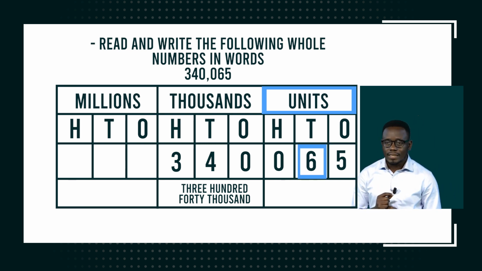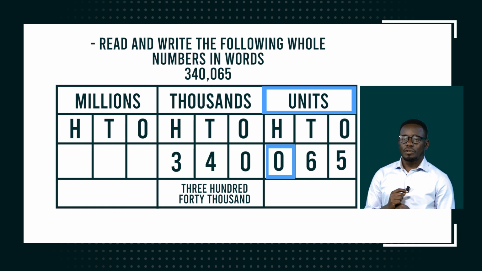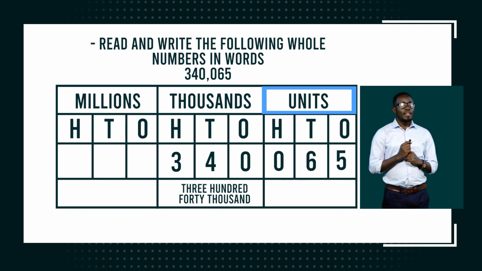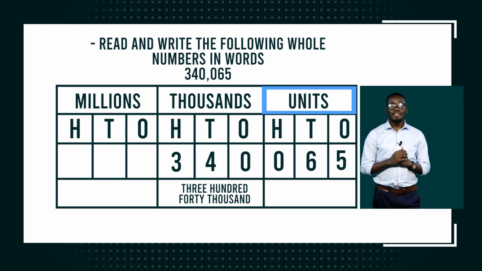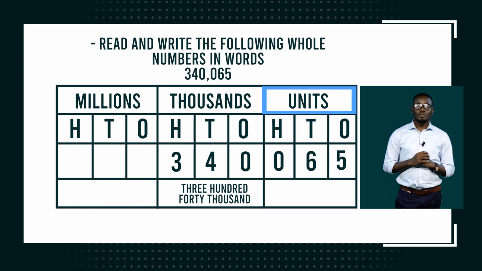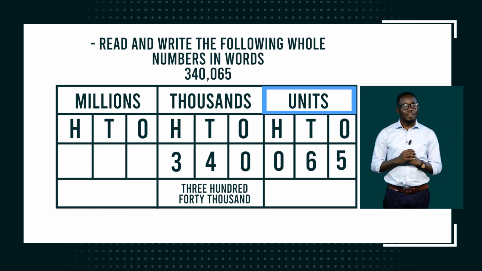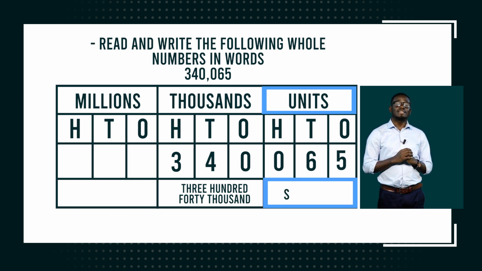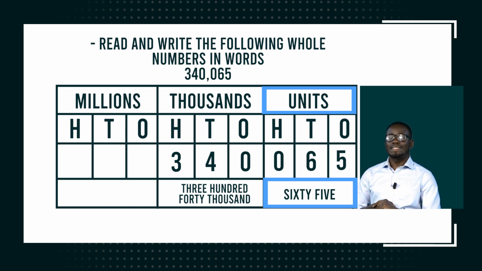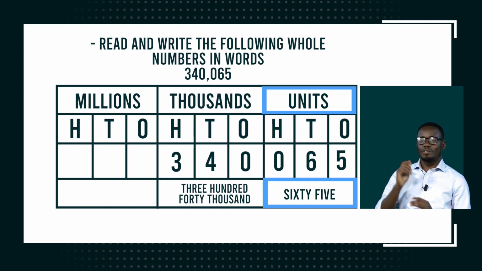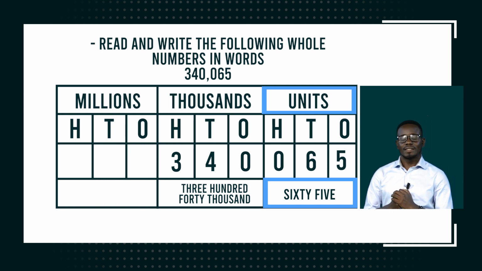If any number starts with 0, that 0 is not read. For example, 065 can be read as 65. So under units we say 65. Remember, we don't put the word units.